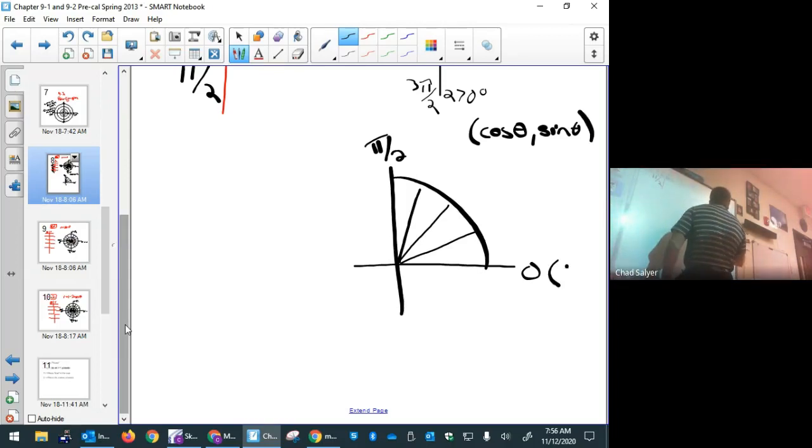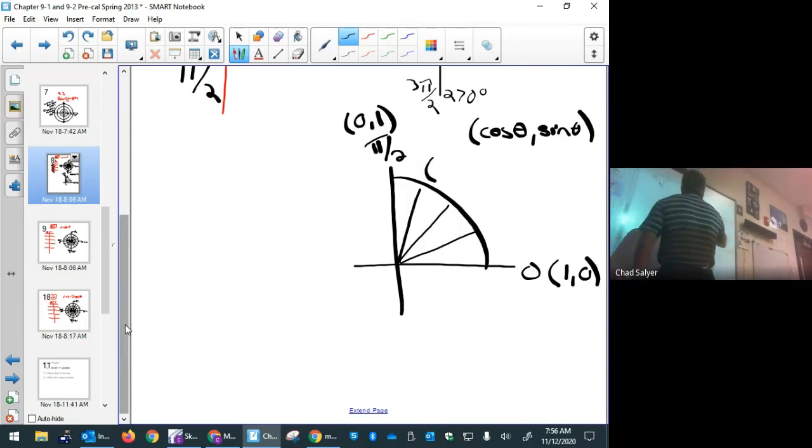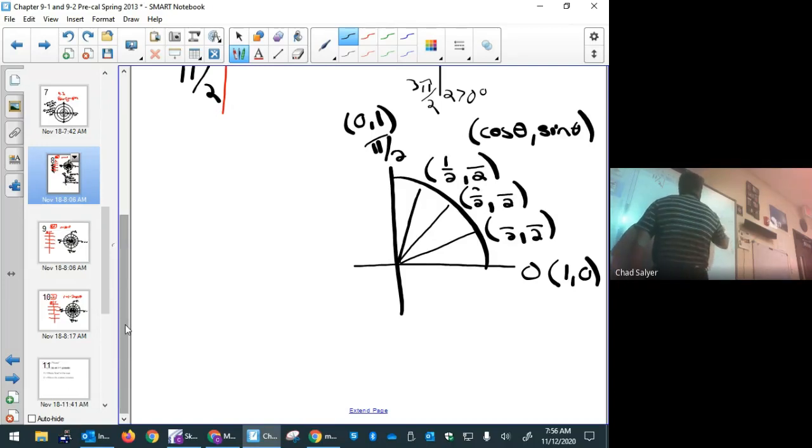Quadrantal angles are real simple here. And then the ones in between, which are pi over 6, pi over 4, pi over 3, or 30, 45, 60 degrees, there's this real simple pattern to it. They're all fractions over 2. And then you just go 1, 2, 3, 1, 2, 3. Put a radical over everything that's not a 1.